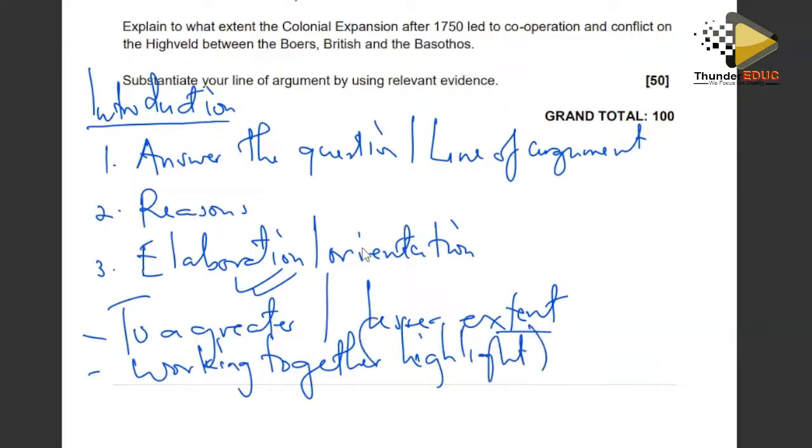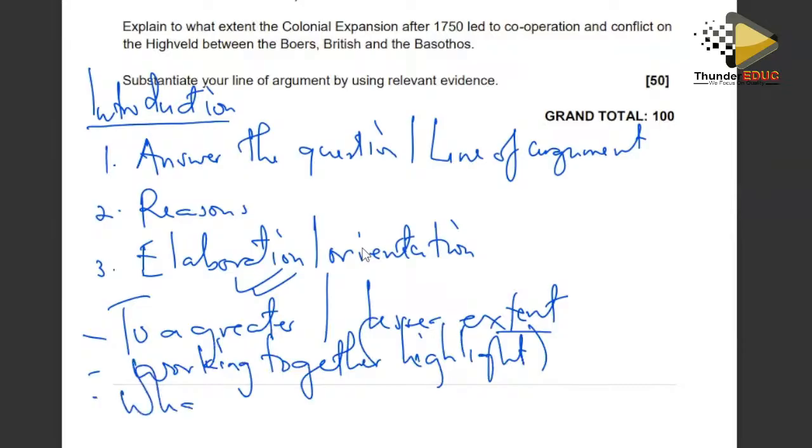The Boers conflicted with the Basutus over land in the Caledon Valley. The British cooperated with the Basutus. They were working well, they were working together. Whatever you give, reasons why you are saying there was cooperation and conflict in the Highveld because of colonial expansion after 1750. Then you give an elaboration as step number three.